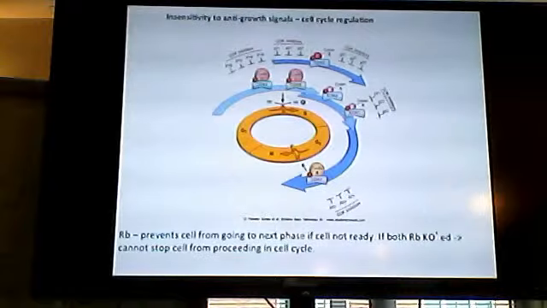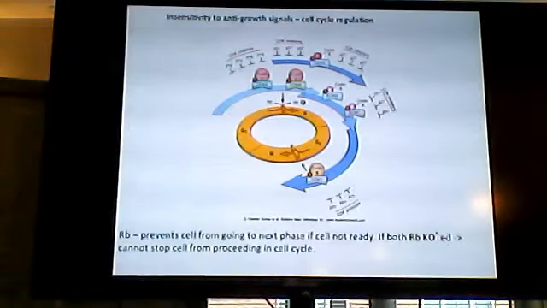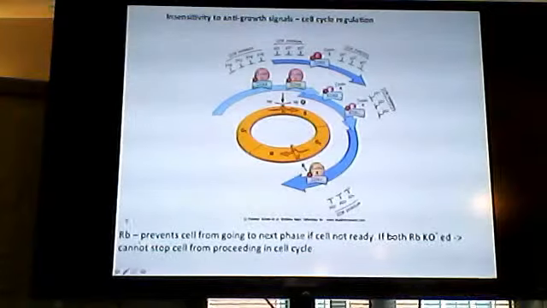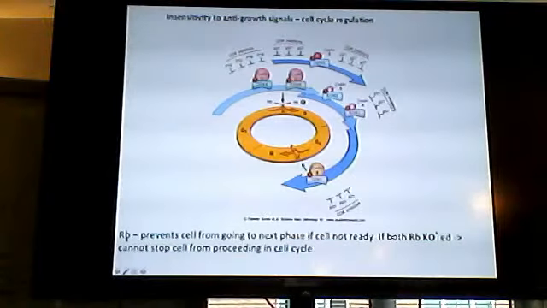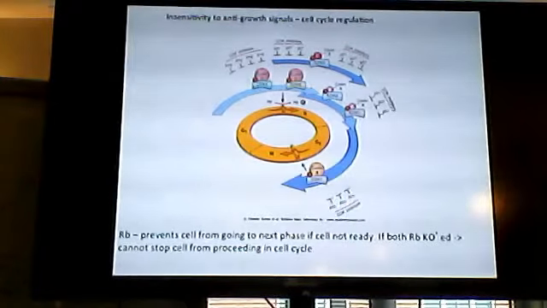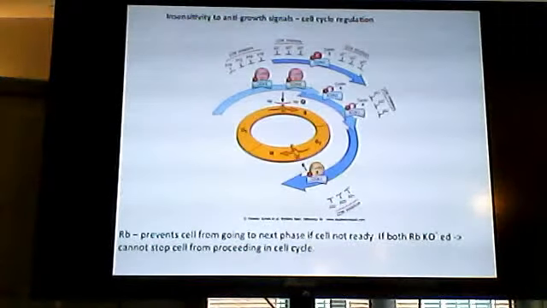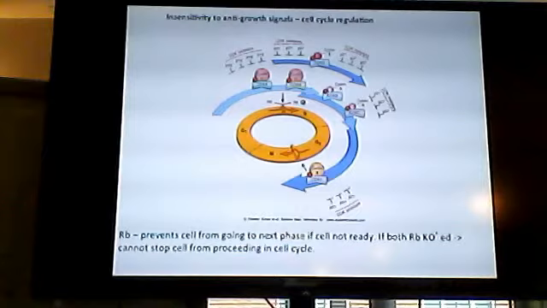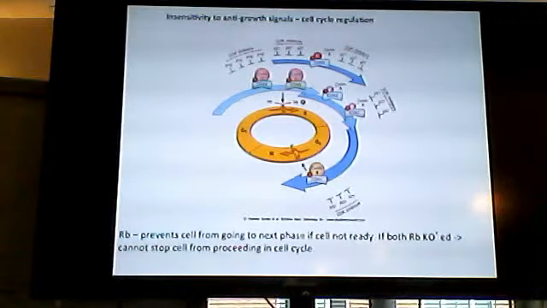Insensitivity to anti-growth signals, on the other hand, has to do with cell cycle regulation, and you have a protein called retinoblastoma. RB prevents cells from going into the next phase if they're not ready to. If you have a mutation in this tumor suppressor, then you need 2 copies knocked out to make sure you've knocked out this guardian of cell cycle regulation checkpoints.